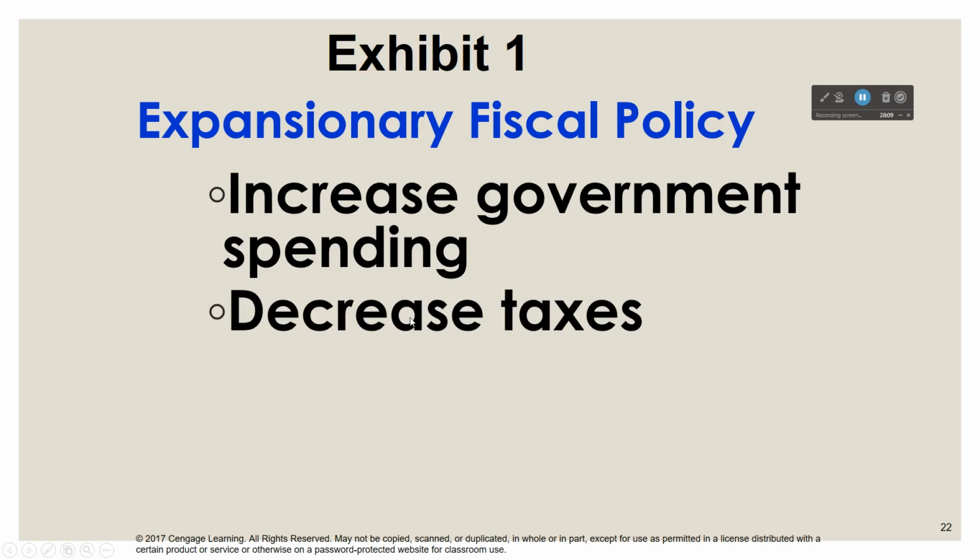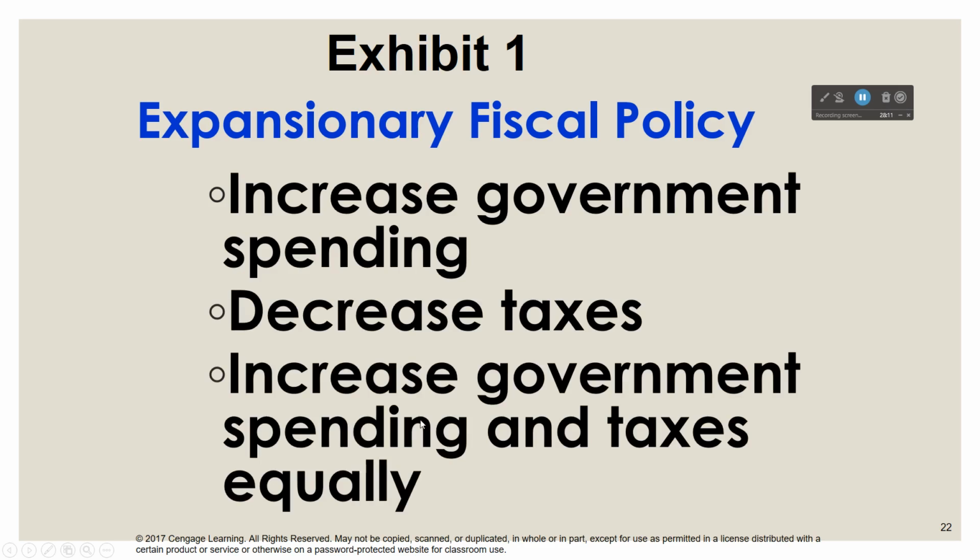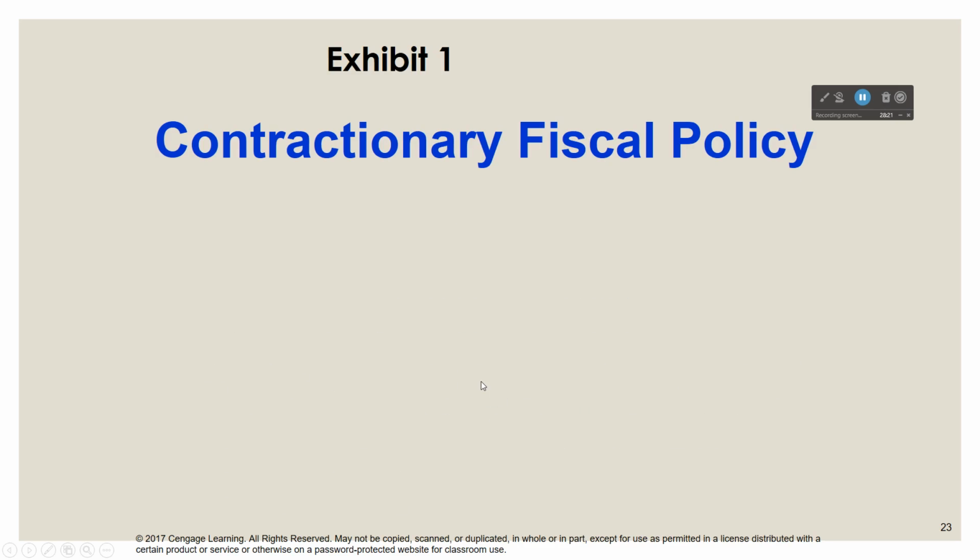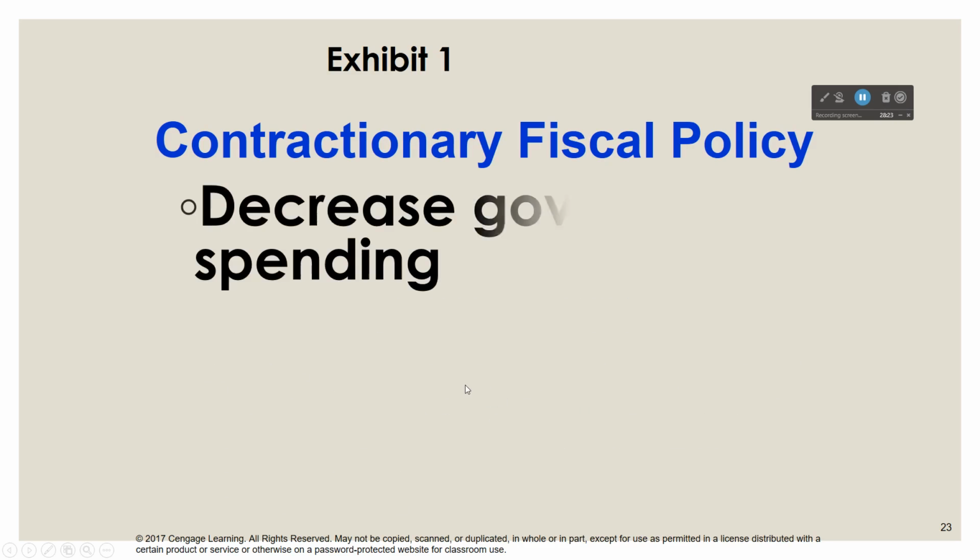You can decrease taxes, or you can increase government spending and taxes equally, according to your book. So if you did this, that would be expansionary fiscal policy.